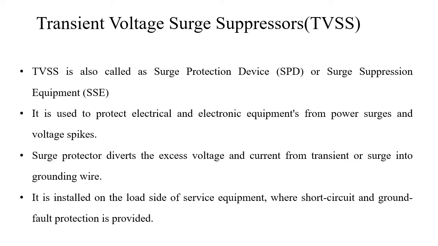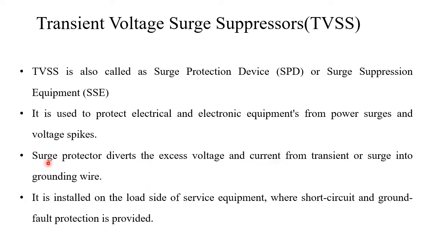Transient voltage surge suppressor is also called a surge protection device (SPD) and surge suppression equipment (SSE). This equipment is used to protect electrical and electronic equipment at the customer end from transients or surges, which lead to high voltage and high current.